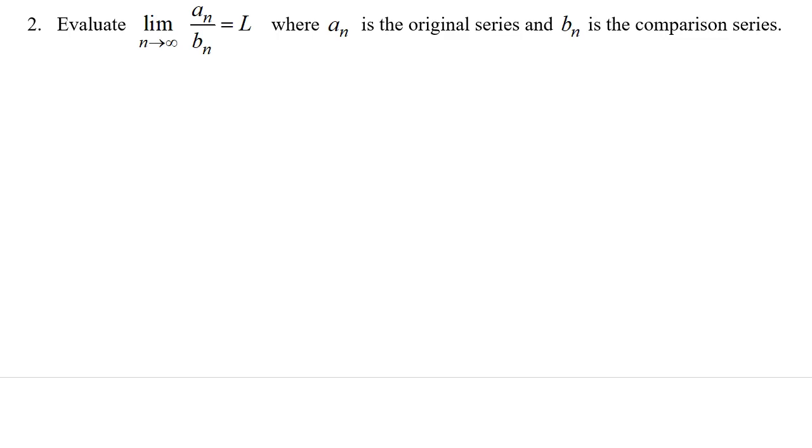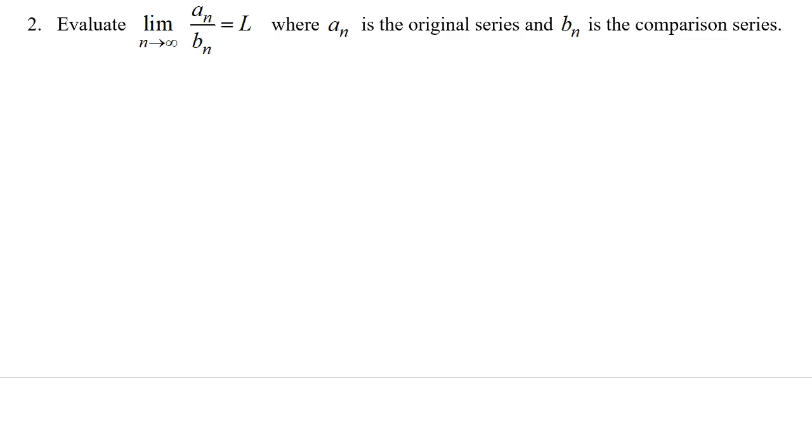Now we're going to evaluate the limit of a sub n, which is our original series, divided by b sub n, which is our comparison series, as n approaches infinity, to see what we get.